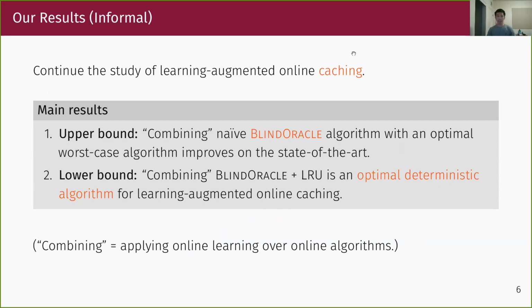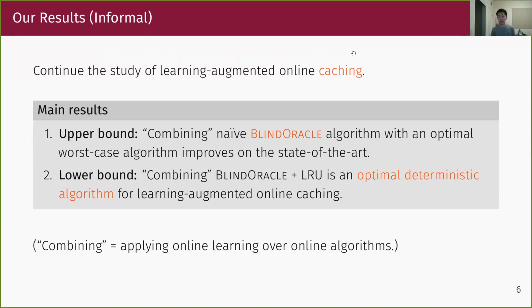As mentioned before, I continue the study of learning augmented online caching, and the results I show consist of an upper bound and a lower bound. The upper bound says that combining the naive blind oracle algorithm, which is possibly the simplest algorithm you can imagine for learning augmented online caching, with an optimal worst case algorithm, such as marker or LRU, depending on whether you want randomized or deterministic algorithms, improves on the state of the art.